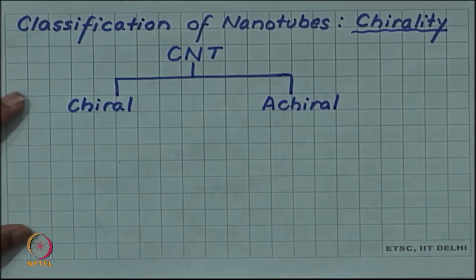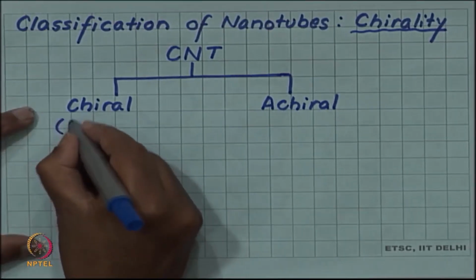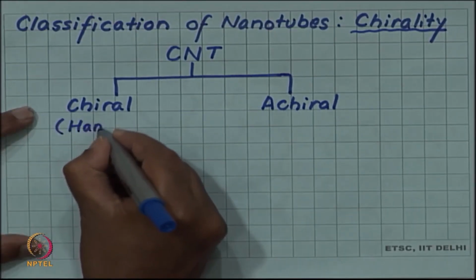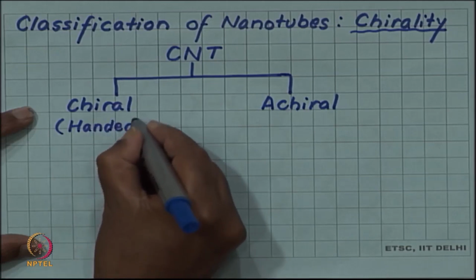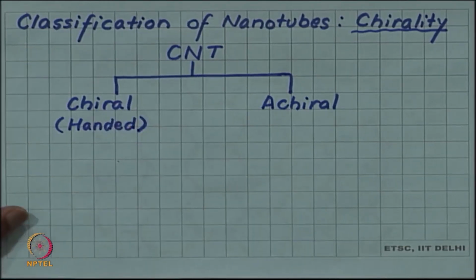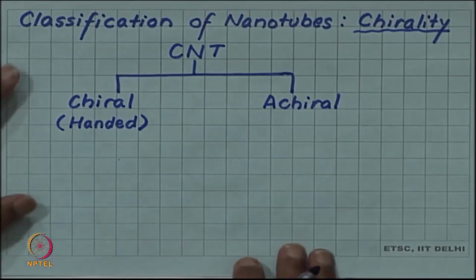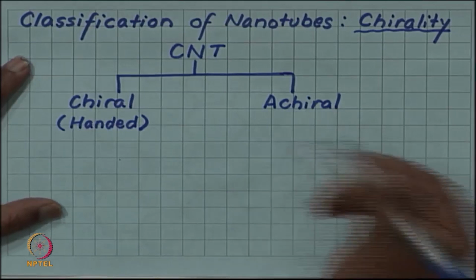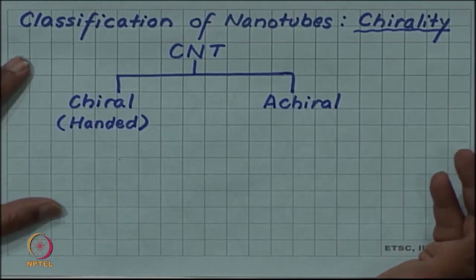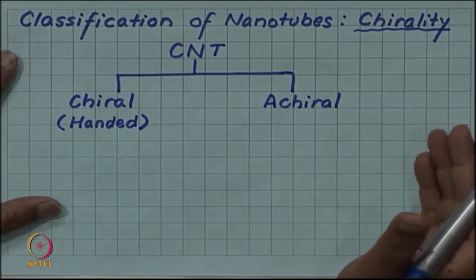Chiral is just another word for handed. So, when we say chiral, we mean that it has a handedness. It will come in two varieties, a right handed and a left handed version, whereas achiral will not be handed; it will not have these two varieties.